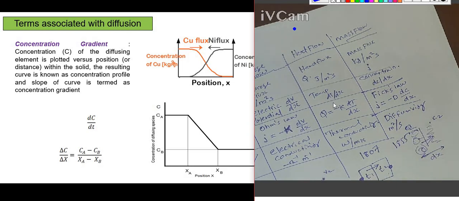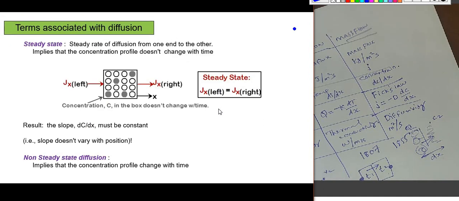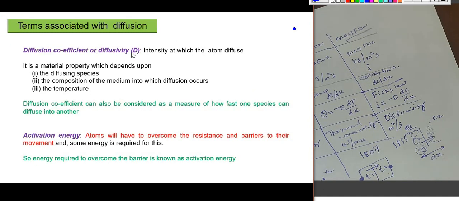What is diffusivity? We already discussed diffusivity. Diffusivity D is the intensity at which atoms transfer. The diffusion coefficient can be considered a measure of how fast one species can diffuse into another.